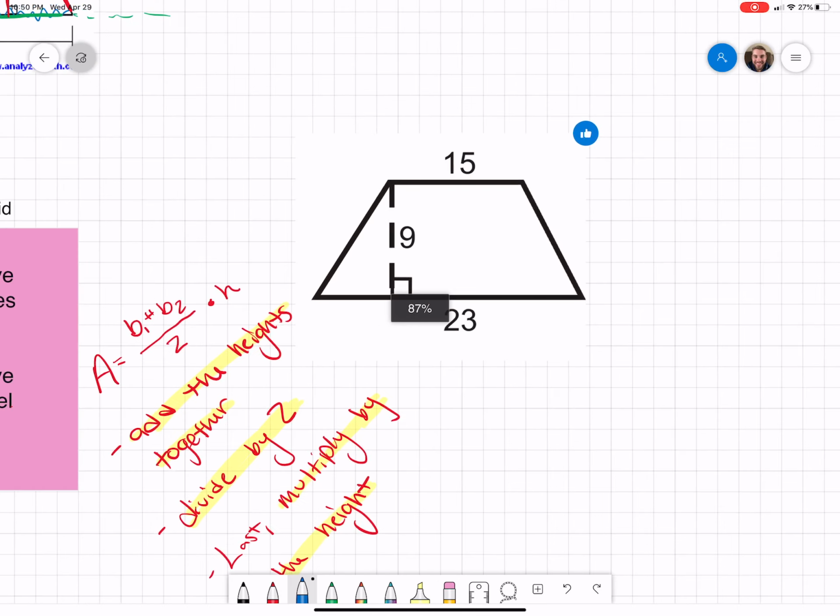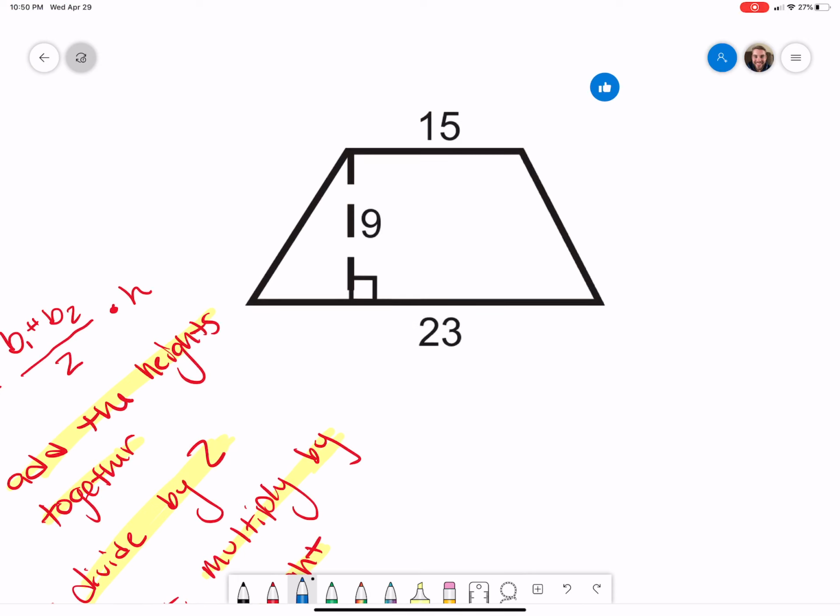Okay, let's look at this one. I even gave this example a thumbs up. So area equals base 1 plus base 2 divided by 2 multiplied by h. So think about what our bases are. First base, my second base, not baseball. We're talking about math. I know you softball, baseball players are sad.